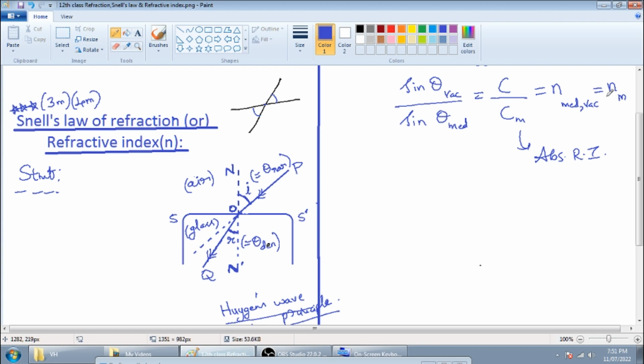So in such a case, turpentine oil is said to have, though its density is lesser, its optical density greater. So what is optical density now? Optical density is something which tells about the refractive index. The higher the refractive index, the higher the optical density. That's why, more accurately, we can say that the refractive index depends on the optical density.